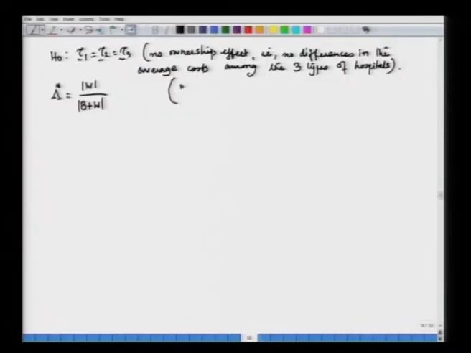So, if you wish, you can just note here that W is the within or residual sum of squares cross product matrix, and B is the between or the treatment, in this case this ownership factor, sum of squares cross product matrix.